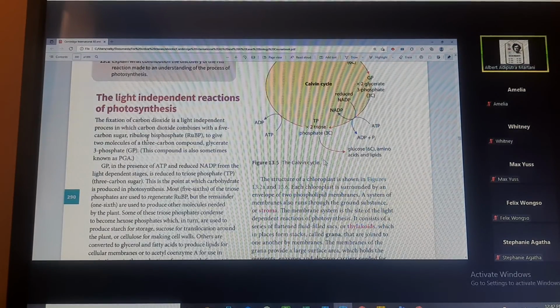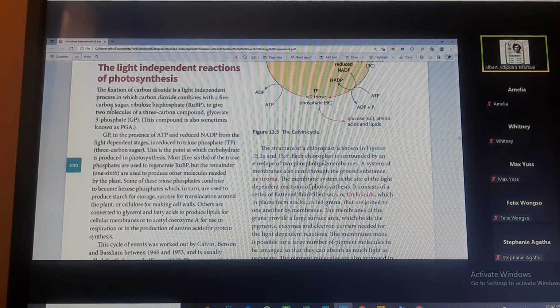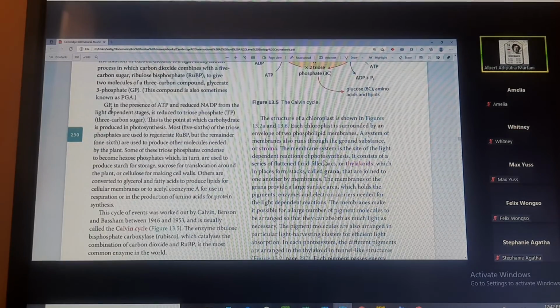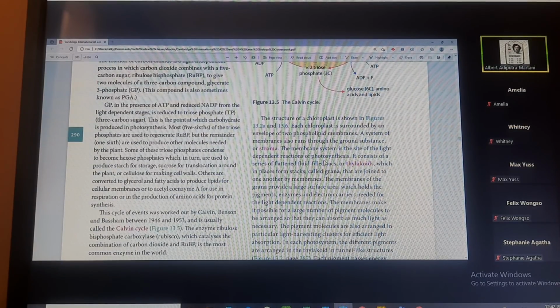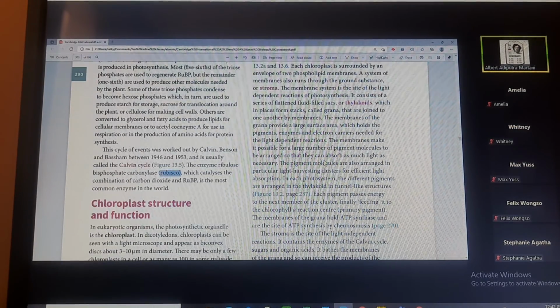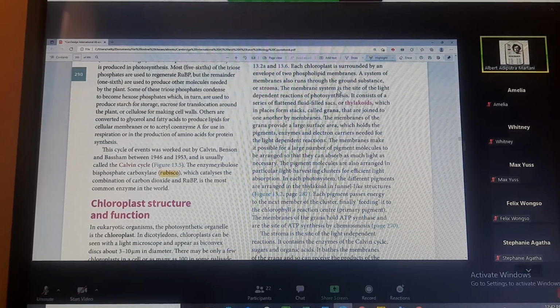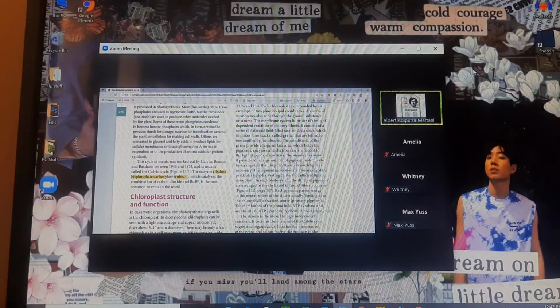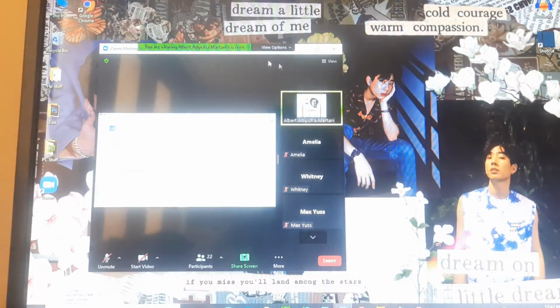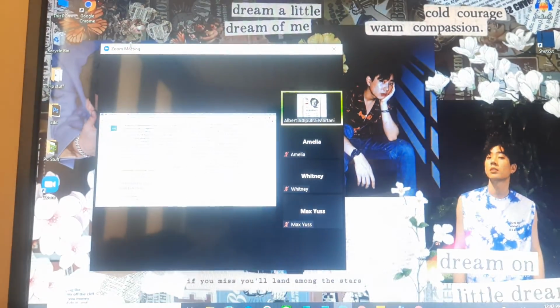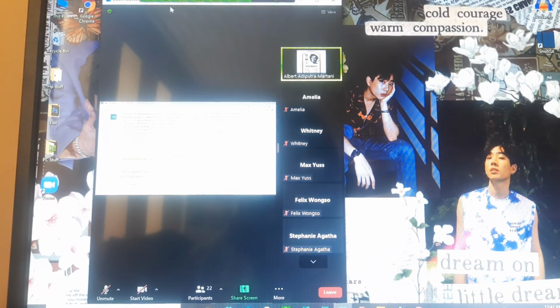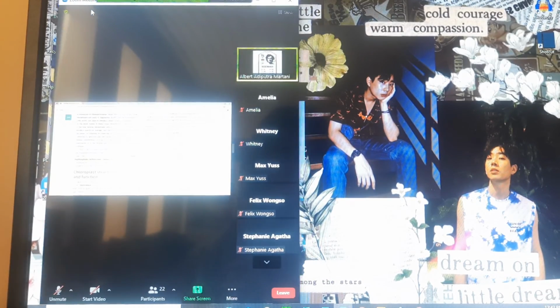I've shown you here, somewhere here. There you go, rubisco. It stands for ribulose bisphosphate carboxylase. At least you guys know one enzyme found in the stroma, and that's rubisco.